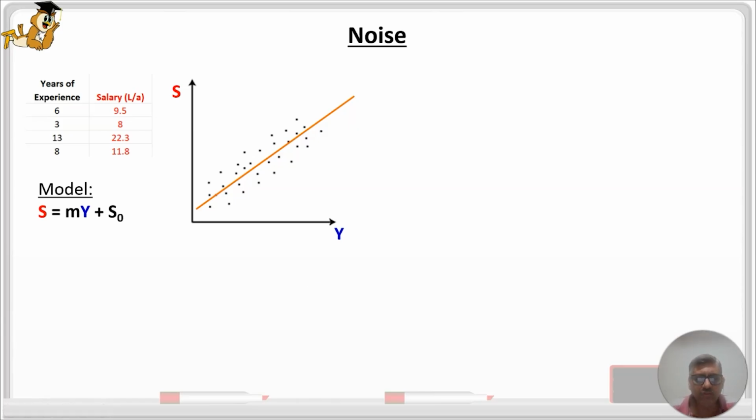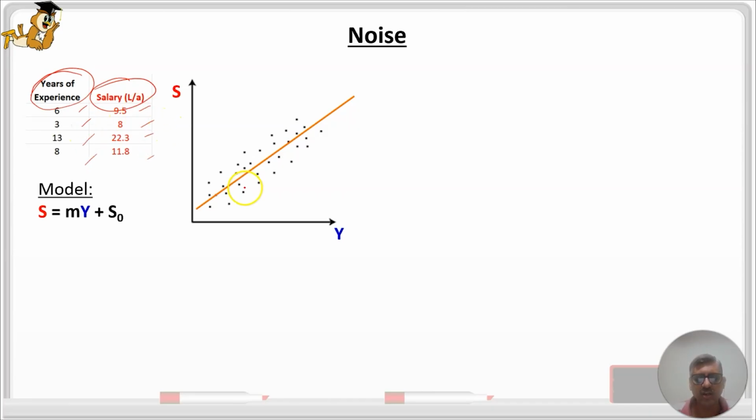Several lectures ago, when we were discussing linear models, we drew a diagram like this for a particular example. Remember, we were busy trying to model the relationship between salary and years of experience, right? So we had a table like this. We had gathered a lot of training data that said that for various years of experience, this was the salary.